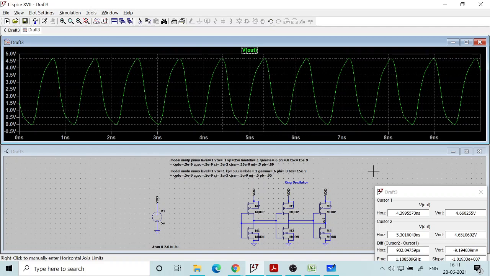So if you look at the period of a ring oscillator, the expression will depend upon both the number of stages as well as the propagation delay.